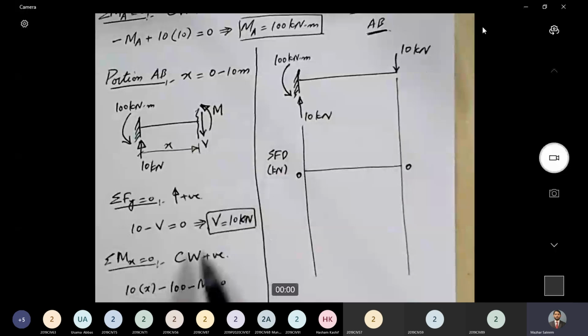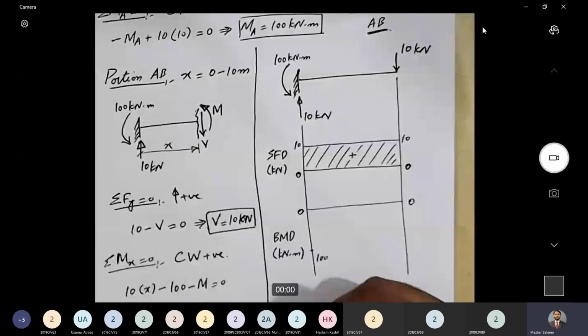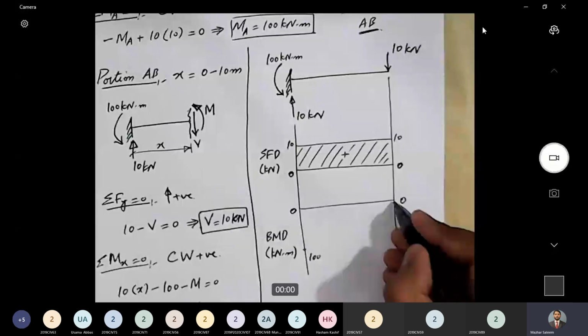So this is 100, and as we did in the last problem, we just need to mark the negative values on the negative side or on the lower side of 0. We do not need to put any sign with this. We'll put the absolute value. This negative value means that it should be marked below the 0 line. So we have here minus 100 at point A, and at point B, the value is 0.